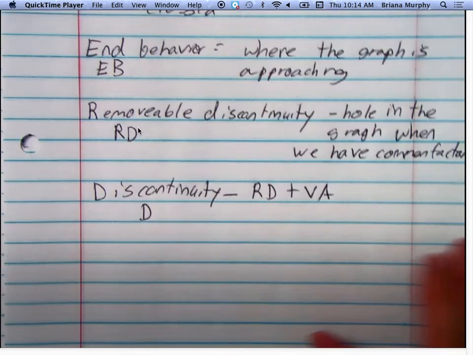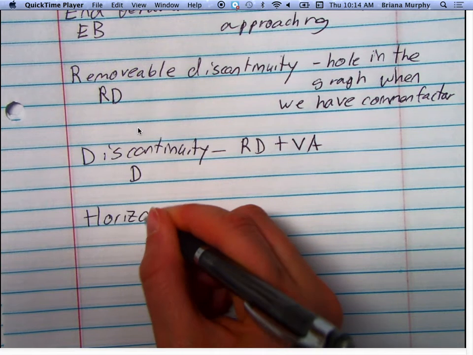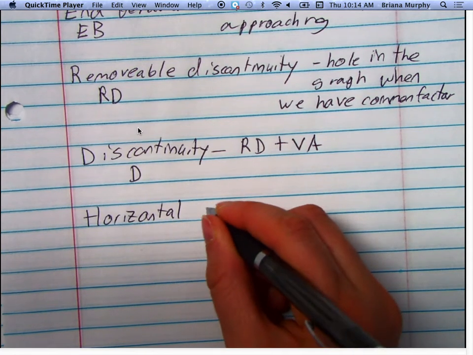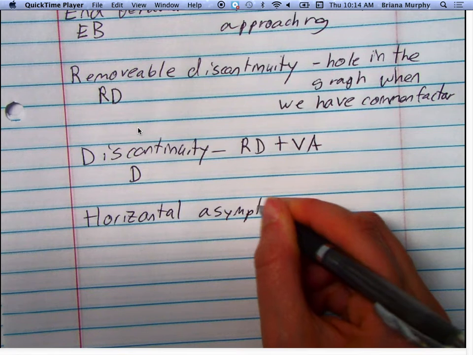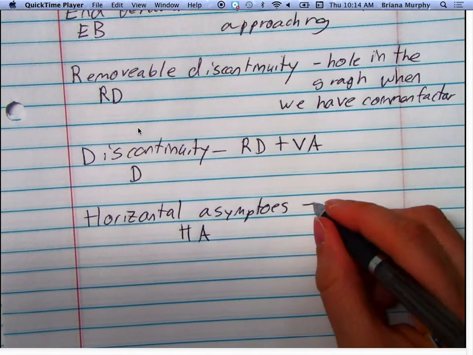Okay. Now we've got horizontal asymptotes. Which I'll put as HA. Okay.